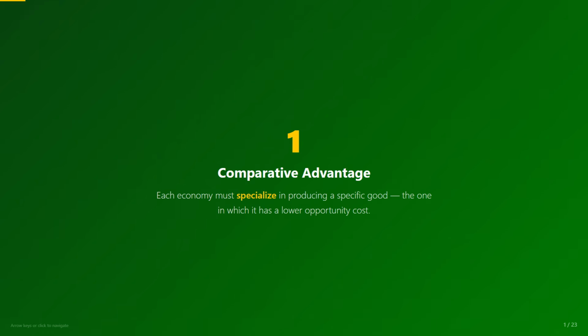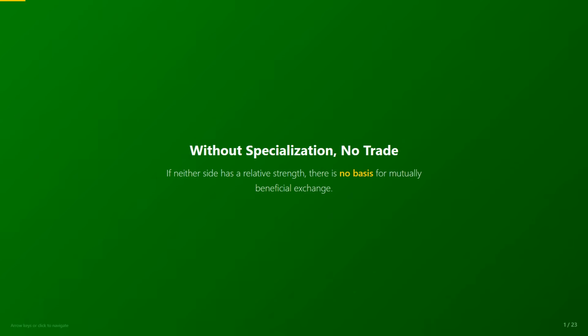This specialization is the foundation of trade. Each economy produces the product in which it has a comparative advantage, and then they trade with each other. Let's state this formally: the necessary condition for international trade to exist is that each economy specializes in the production of a certain product. Without specialization, there is no basis for trade.